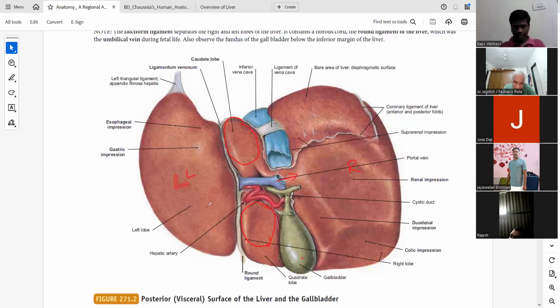The ligament of vena cava, through this the blood reaches the heart. It enters the right atrium and then gets into the lungs.